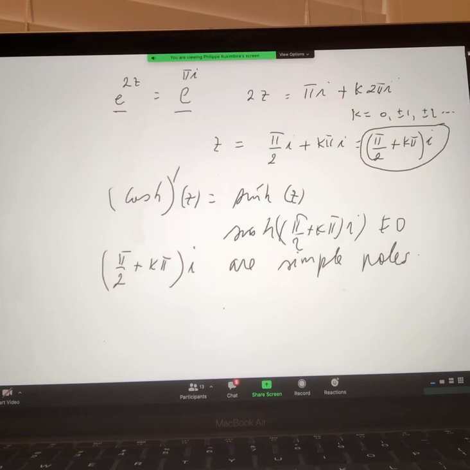Now, the problem we have here, we cannot factor hyperbolic cosine, so you're going to have to come up with a better way of figuring out what the residue is.